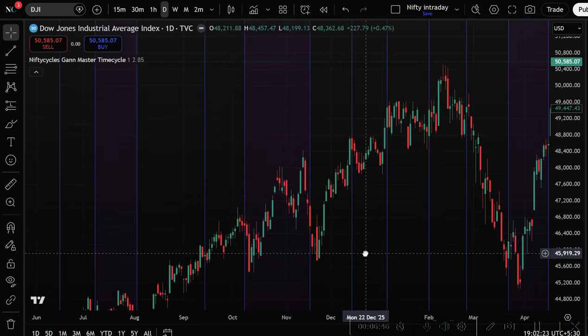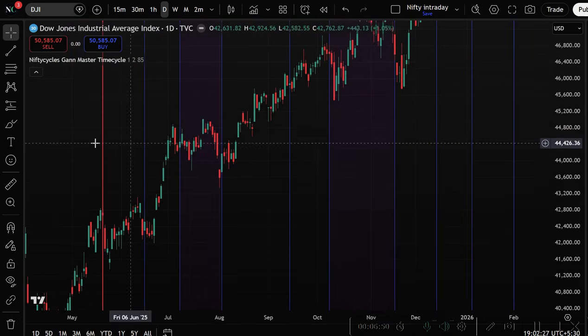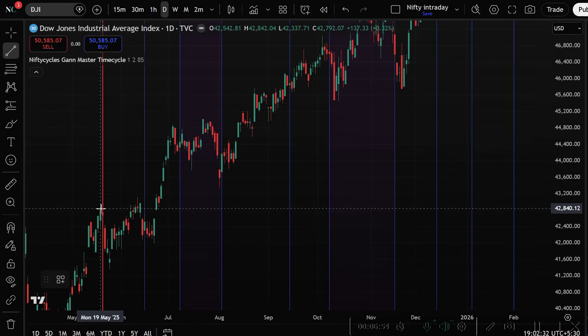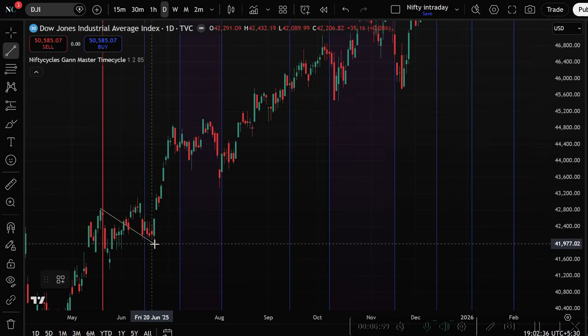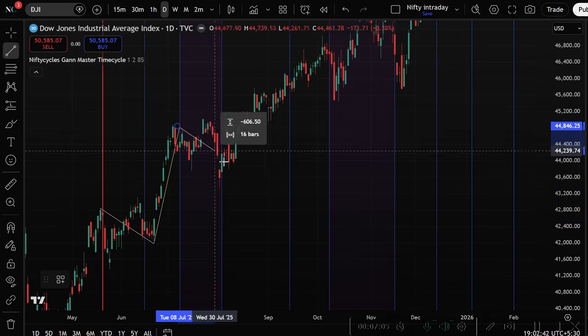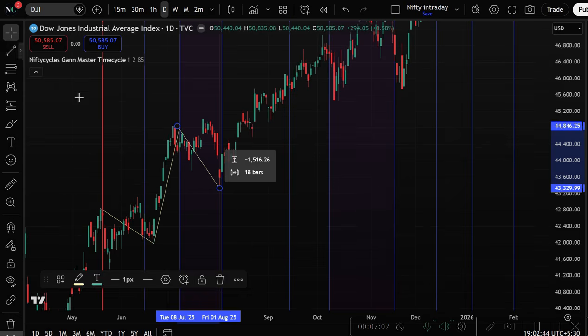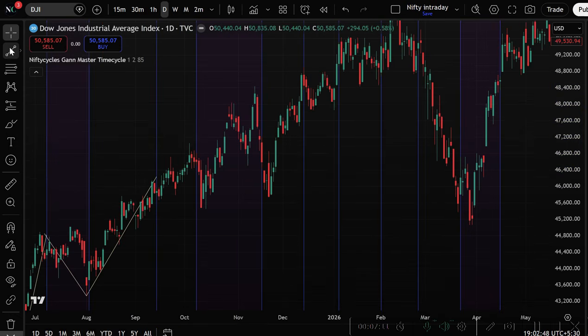Does this fit? Let's see if both Nifty and Dow Jones have a common anchor. Okay, that can be possible sometimes. Both are indices, right? This is a low. This is a high. Good so far, right?